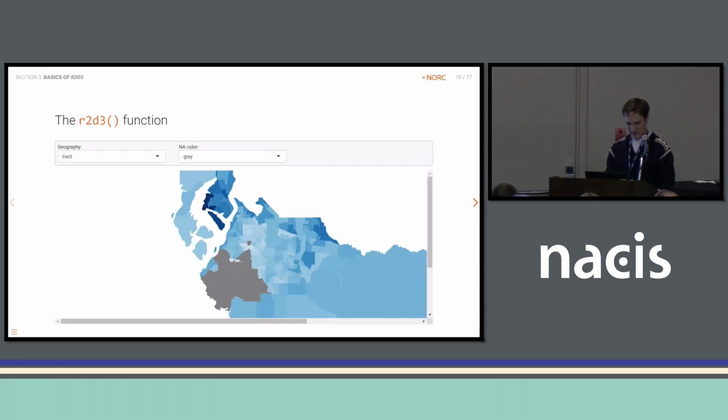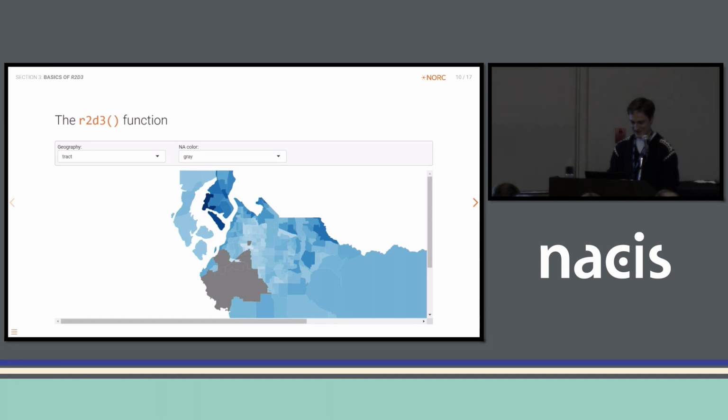So here we've got the map. These two drop-down lists at the top control the user-defined options in the script. So these can alter the level of geography we want to see. Right now we're looking at the tracts, but if you select CBG, it just transforms them to the census block group level.